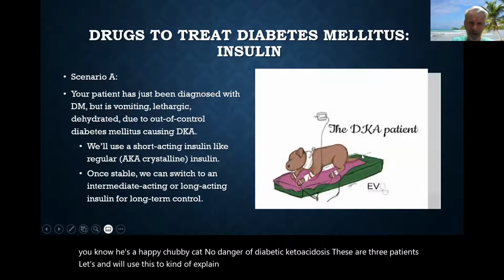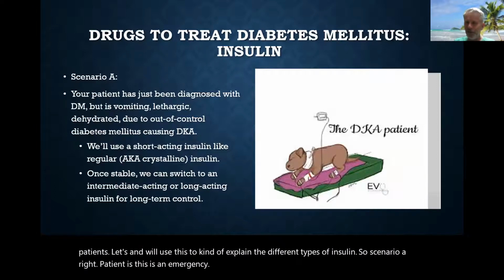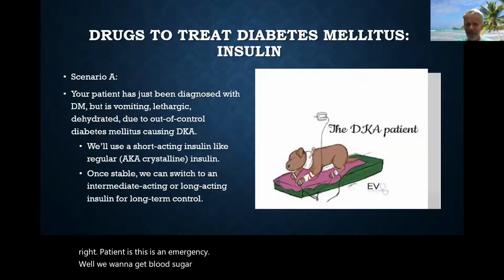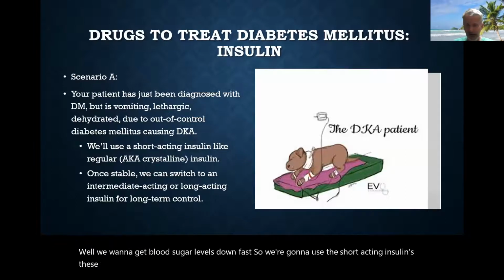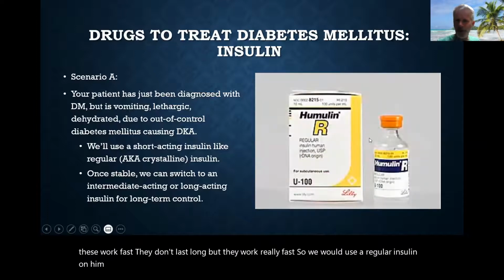So scenario A, this is an emergency. We want to get blood sugar levels down fast, so we're going to use the short-acting insulins. These work fast. They don't last long, but they work really fast. So we would use a regular insulin on him, Humulin R for regular.